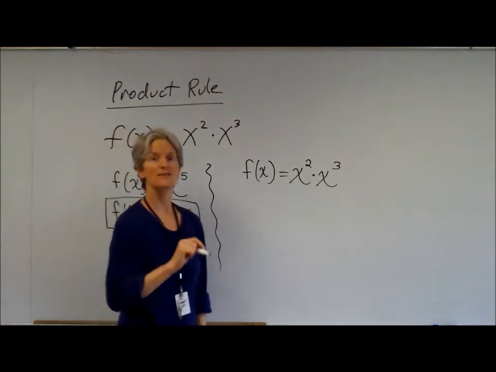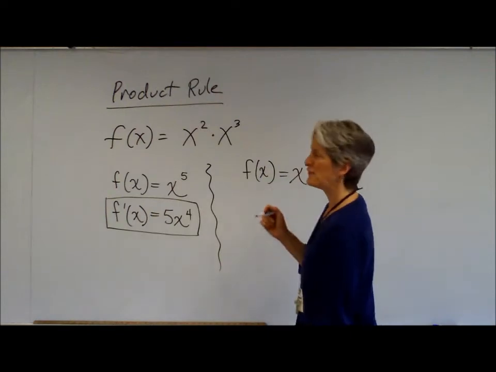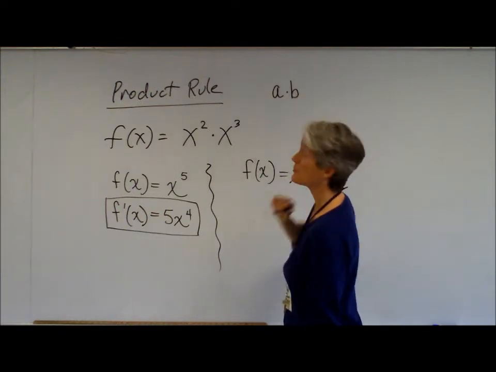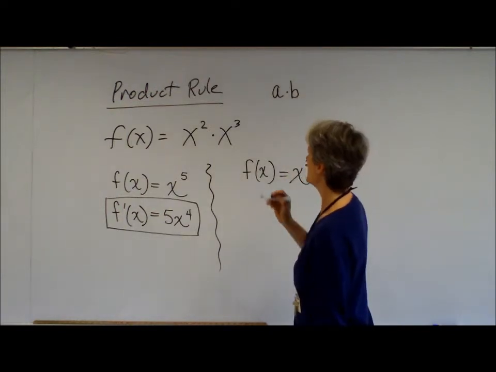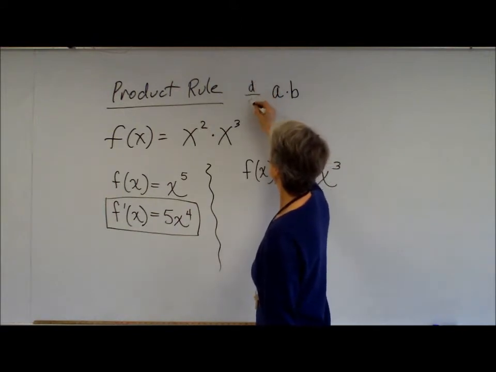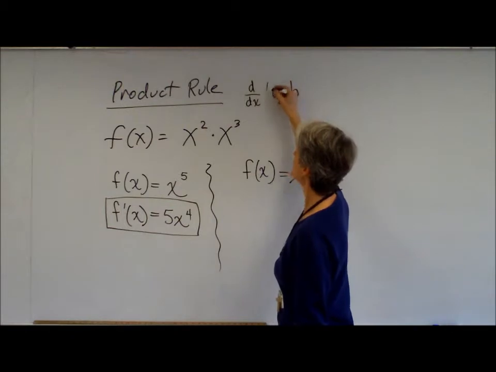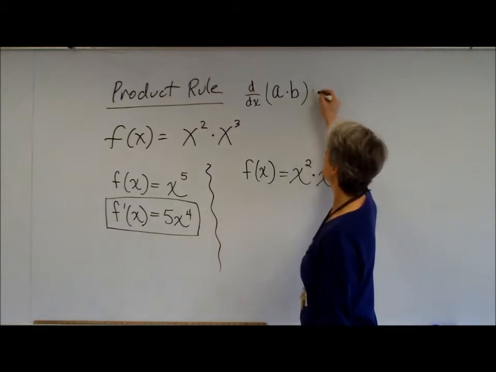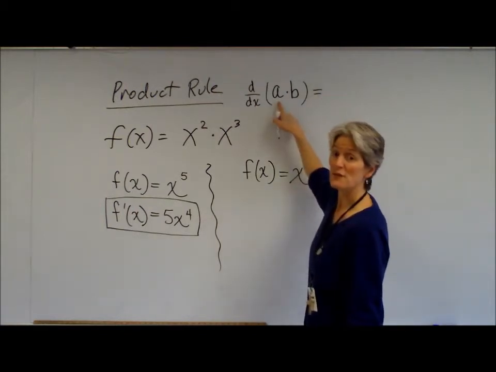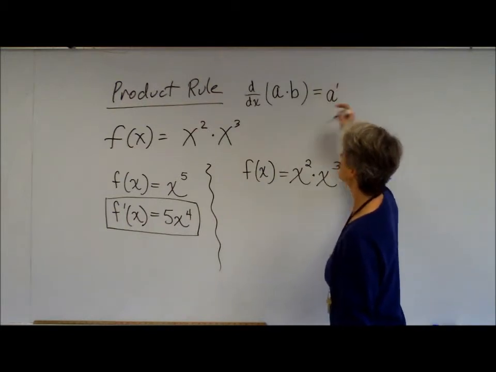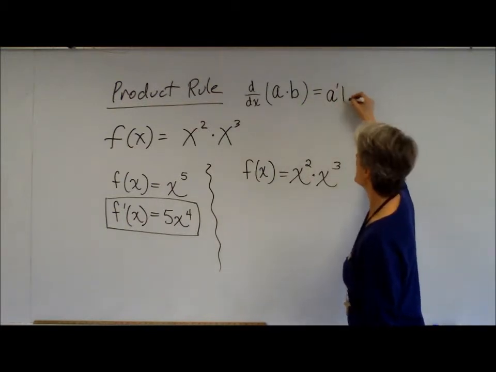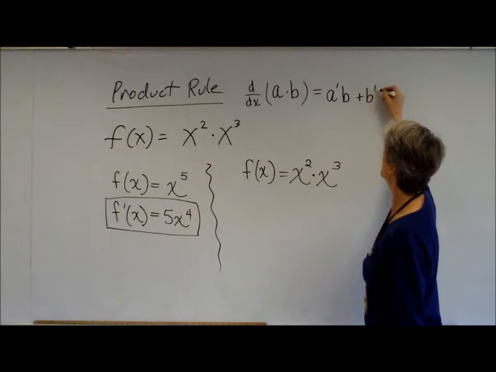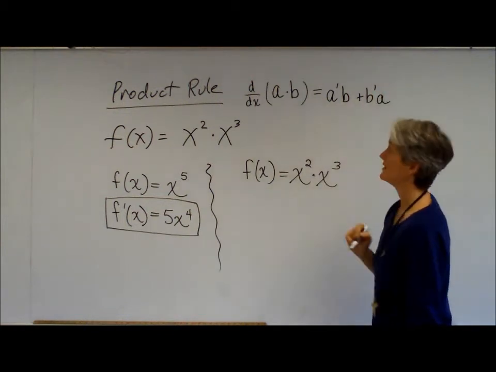In order to do this, we need to know what the product rule is. The product rule says if your function is some piece times some other piece, then the derivative of that function, this is some notation you may not have seen, that just means the derivative of a times b, is going to be equal to the derivative of the first part of the function times the second part of the function as it is, plus the derivative of the second part of the function times the first part of the function as it is.